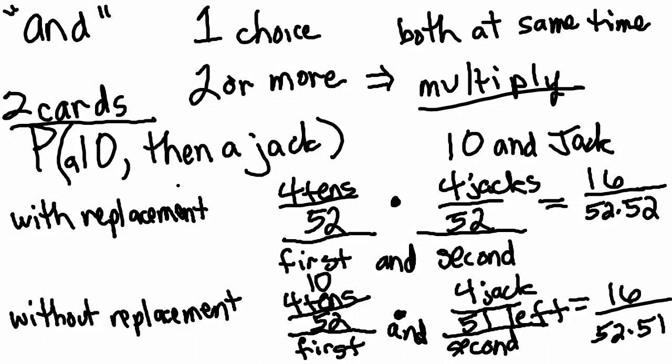Okay, let's try another one because you have one of these in the discussion answer questions. Of course, they're not cards, but how about this is the same problem. You're picking 2 cards. What's the probability that you get 2 10s? A 10 and a 10.